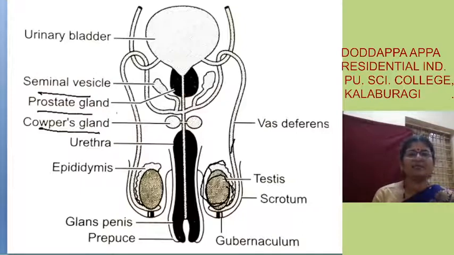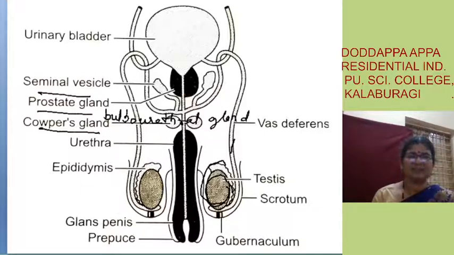What is the other name of the Cowper's gland? It is the bulbourethral gland. So this also you can write. Fine. And this is the external genital organ, which is called the penis, with the glans penis and prepuce.